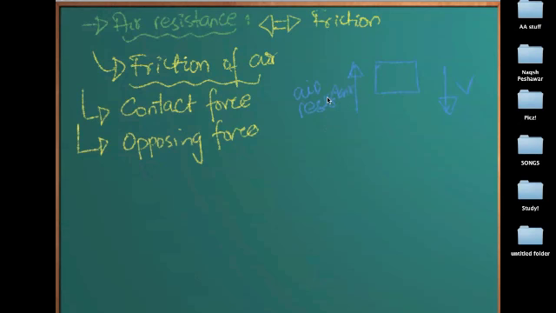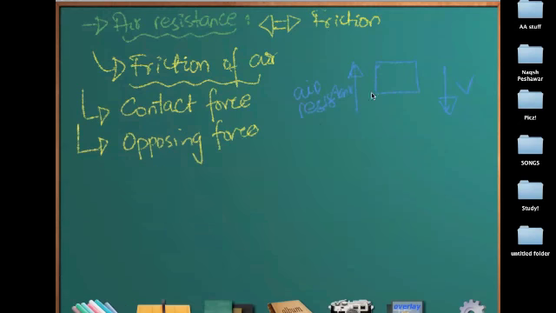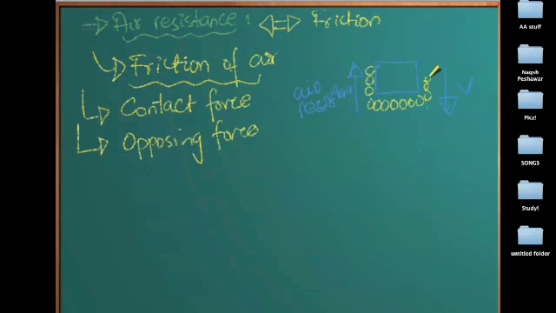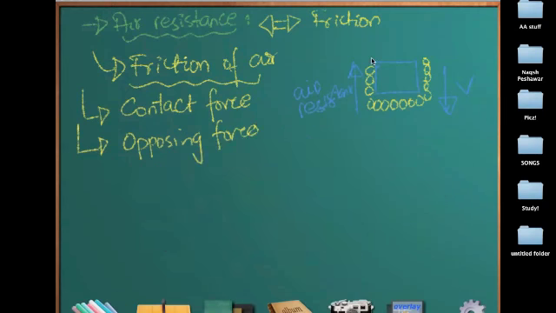Now you might ask me, Adil, how is this a contact force? It's just simply air. There's nothing in contact. But I would tell you that you are ignoring the fact that there are air molecules. These little guys here. The situation is something like that these little guys don't want this box to fall or to move. So what they are doing is they're sliding against this box and just applying a force in the upward direction.